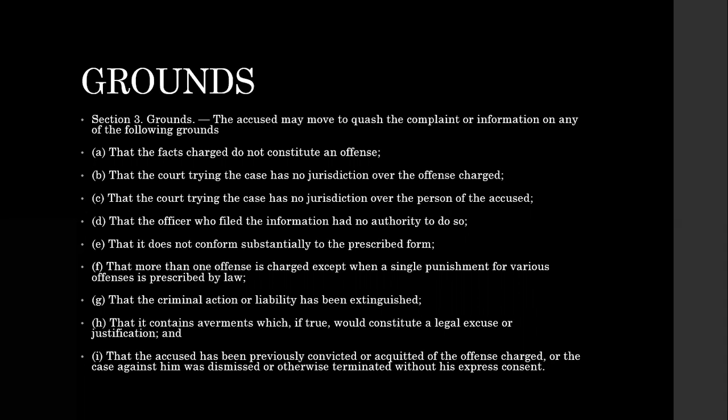Number 1, that the facts charged do not constitute an offense; that the court trying the case has no jurisdiction over the offense charged; that the court trying the case has no jurisdiction over the person of the accused; that the officer who filed the information had no authority to do so; that it does not conform substantially to the prescribed form; that more than one offense is charged except when a single punishment for various offenses is prescribed by law; that the criminal action or liability has been extinguished; that it contains averments which, if true, would constitute a legal excuse or justification; and that the accused has been previously convicted or acquitted of the offense charged, or the case against him was dismissed or otherwise terminated without his express consent.